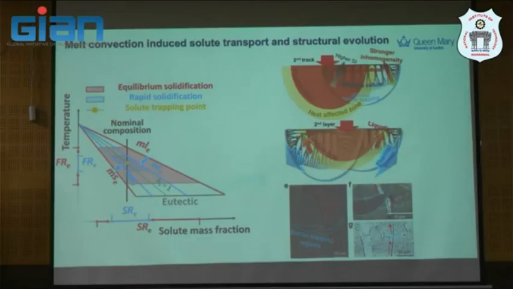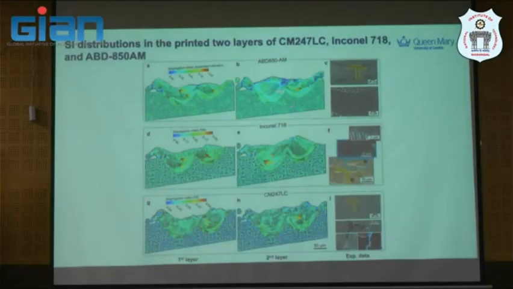So now, what is the use of this? At the end of the day, I ask myself, what is the use of this one? Actually, when we know the hafnium profile here, you'll see some highly segregated profile compared with the 718, which is actually quite good segregation profile, but still you have some segregation.